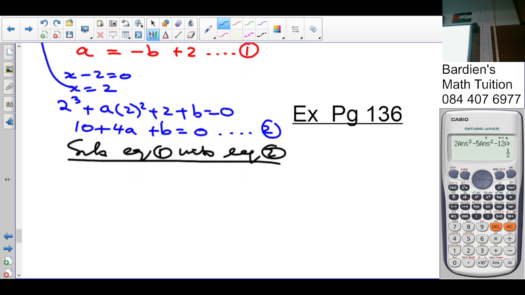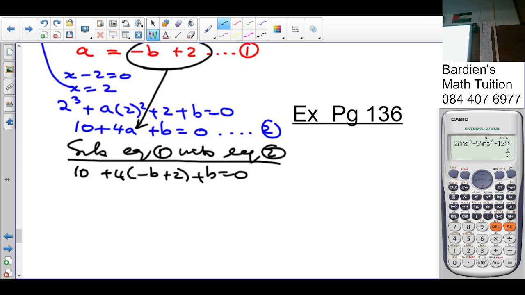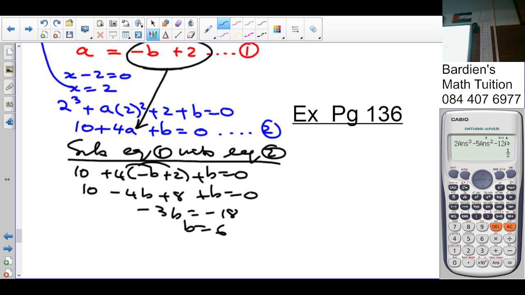So wherever we see an a, we replace it with minus b plus 2. So it's 10 plus 4 into minus b plus 2 plus b is equal to 0. Which now gives us 10 minus 4b plus 8 plus b is equal to 0, minus 3b is equal to negative 18, b is then equal to 6.